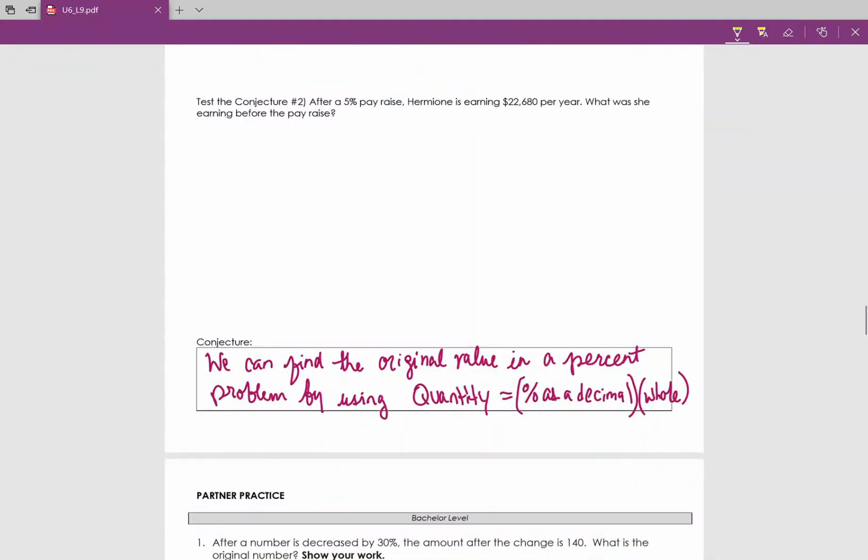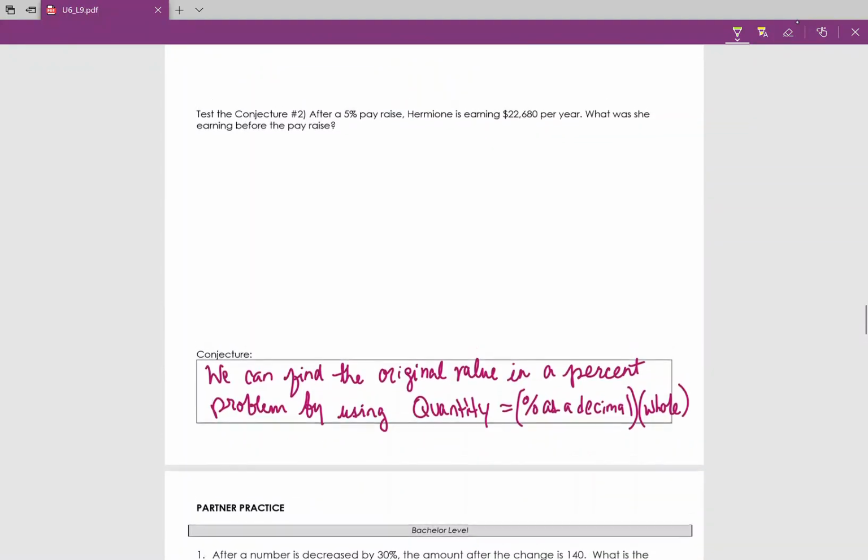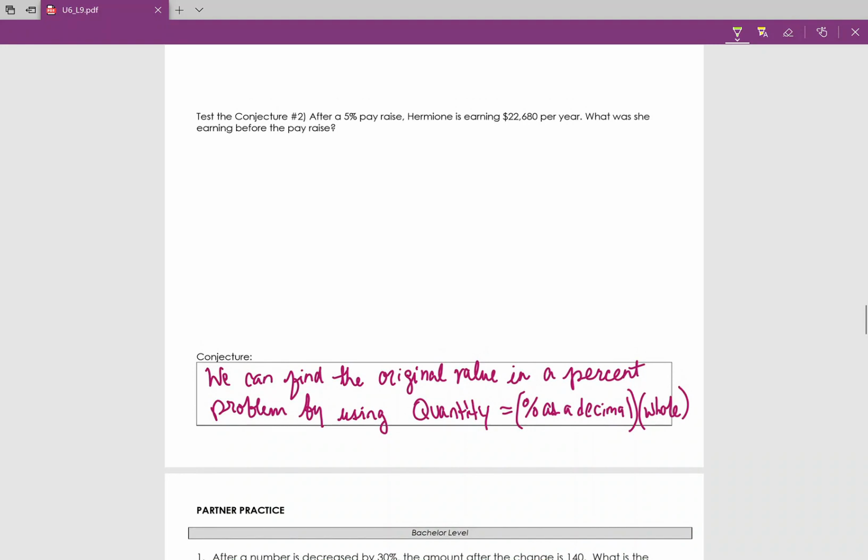It says, after a 5% pay raise, Hermione is earning $22,680 per year. What was the earning before the pay raise? So let's annotate it here. We have after a 5% pay raise, which I'm going to note is an increase. And she is earning, so this is our quantity, this much.